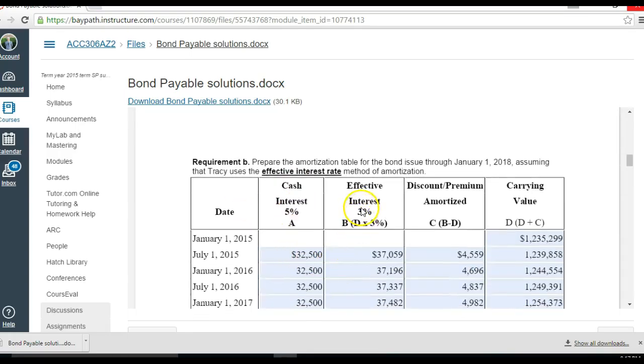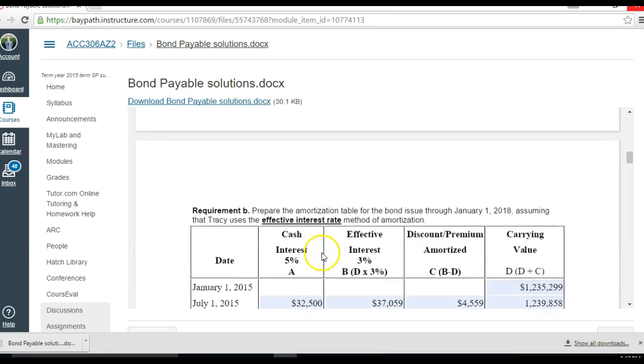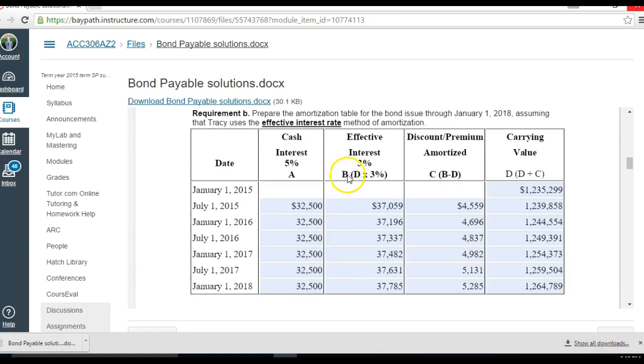We are calculating the effective interest, which is 3%, which is given to you right in the problem. So B is calculated by taking the carrying value, which is the present value, multiplying it by 3%, which gives you $37,059.